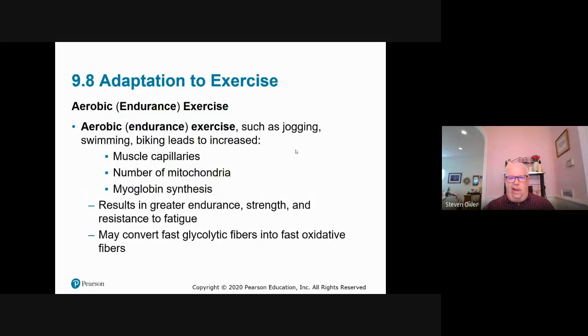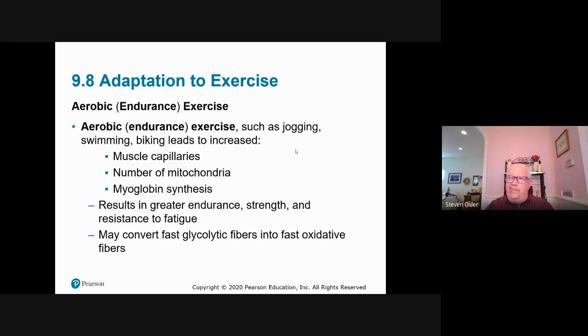So let's talk about exercise, because everybody to some degree exercises. Aerobic exercise, otherwise known as endurance exercise, is basically jogging, swimming, biking, and it leads to the development of more blood supply to the muscle. So it leads to more muscle capillaries. It also leads to more mitochondria because you're using energy.